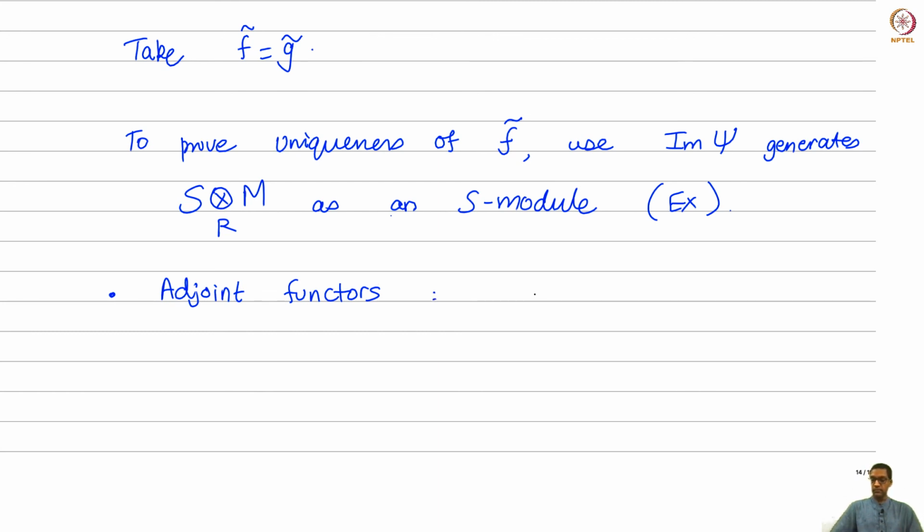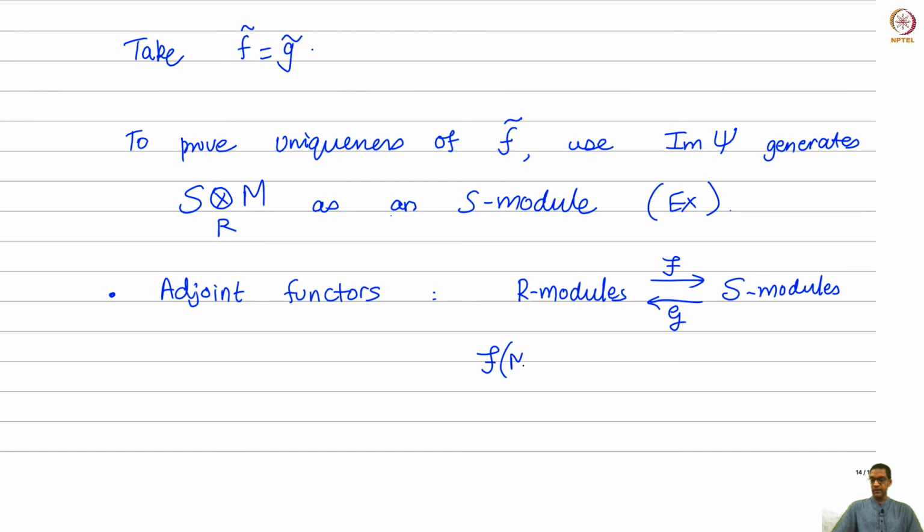Without going into too many details, on the one hand I have the category of R modules, and like I said, there's the category of S modules, and actually there are two functors now. One is the extension of scalars functor that we just defined, called F. The other is the restriction of scalars functor G. So what is F?